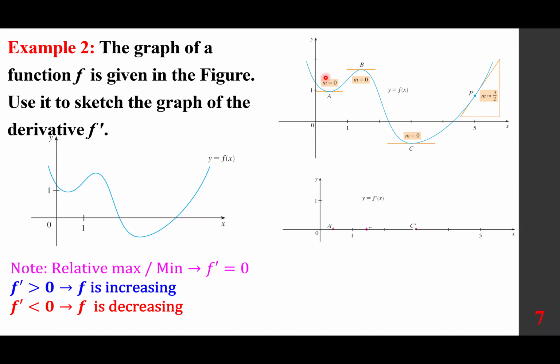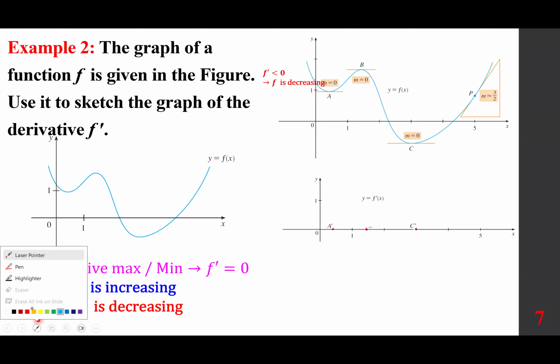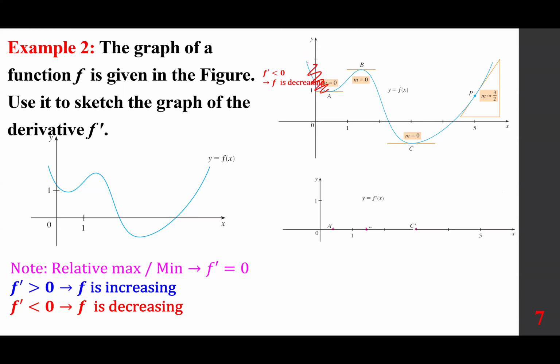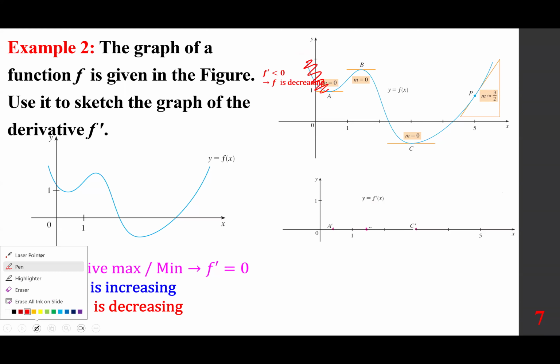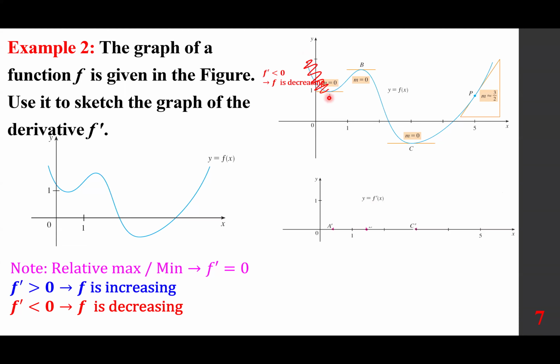What about this portion? This is decreasing, f prime is negative. So to the left of A has to go below the x-axis for f prime.